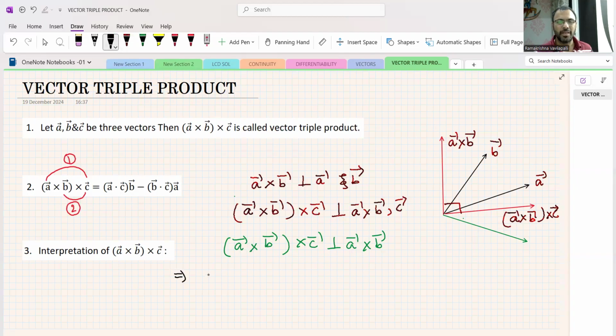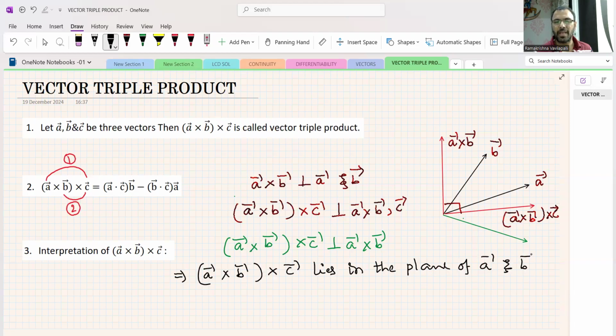So A cross B cross C lies in the plane of A bar and B bar.